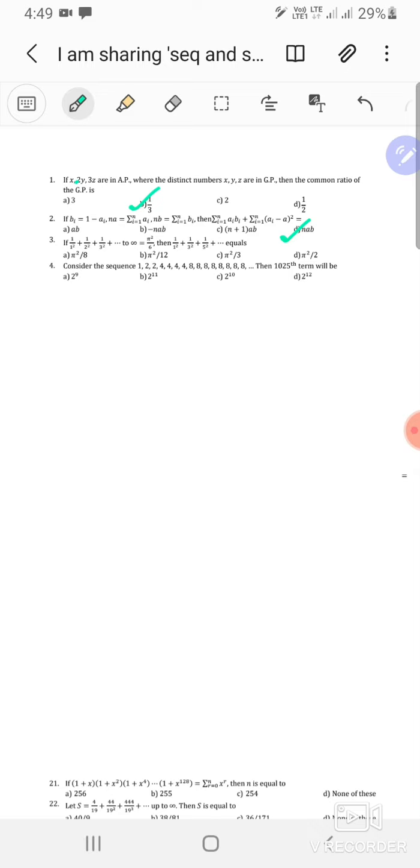So you can see that the last 2 was the third term, the last 4 was the 3 plus 4, 7th term, then the last 8 was the 7 plus 8, which is 15th term, and it will keep going like that.